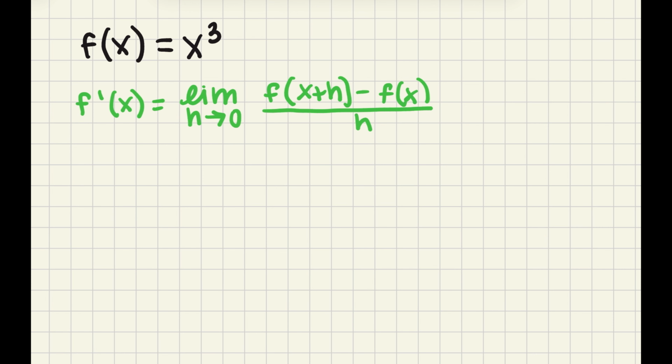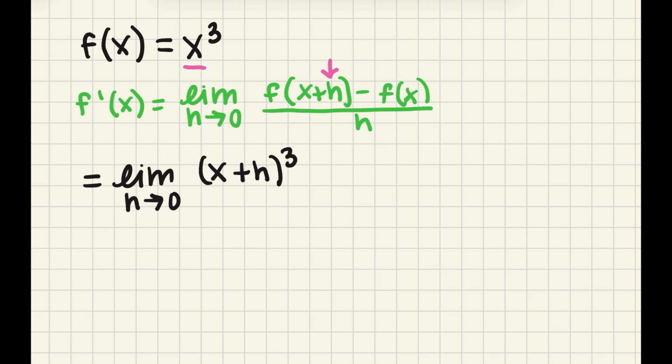So, anywhere that you see an x in our original function, right here, you're going to add a plus h. This is what that will look like. The limit as h approaches 0 is x plus h cubed, and the cubed comes from right here, our original function, minus f of x, and f of x is just our original function, which is just x cubed, over h.